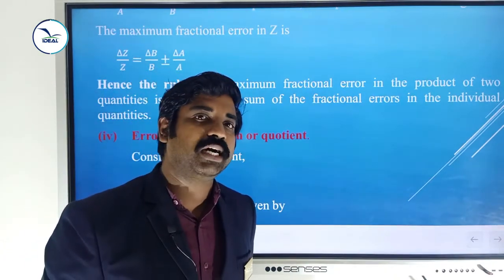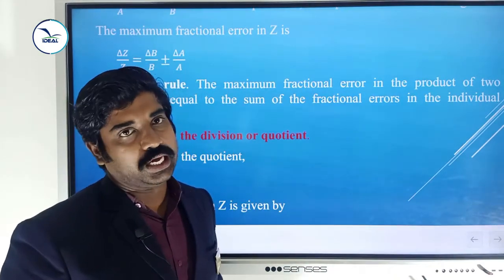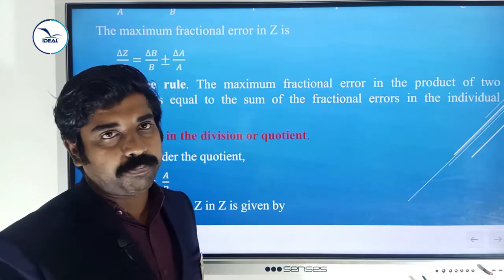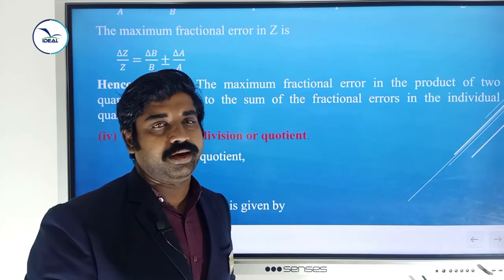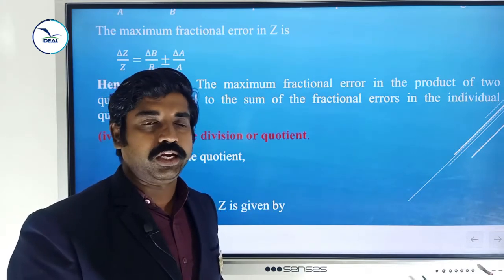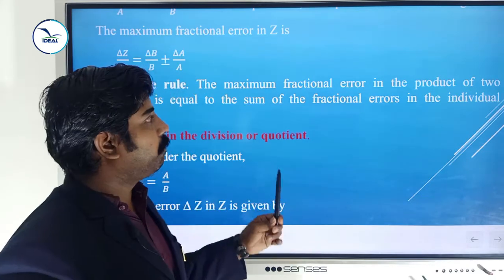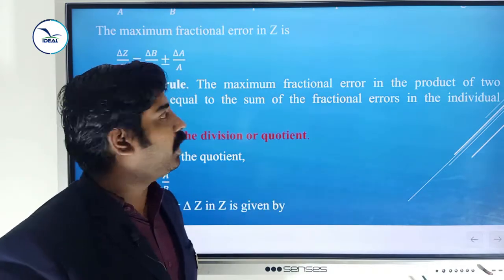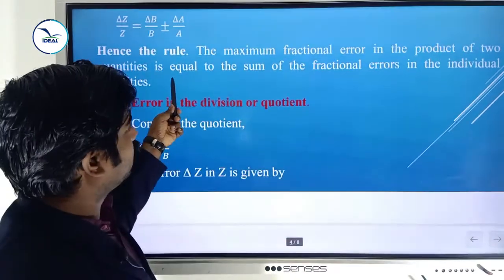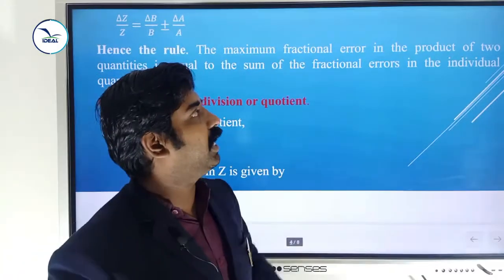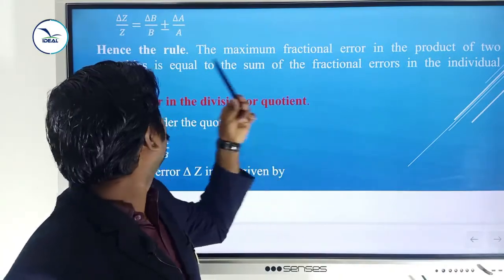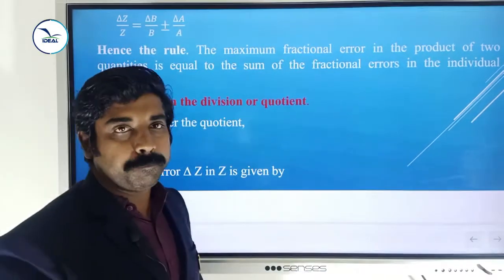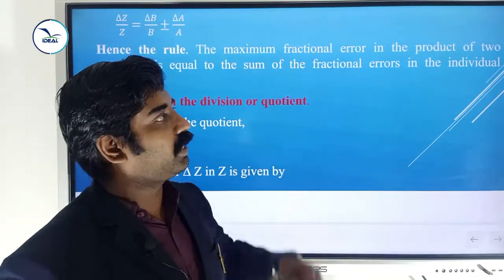That is nothing but the relative errors. So we can say that in the case of multiplication, the total error is the sum of their individual relative errors. So hence we can say the rule: the maximum fractional error in the product of two quantities is equal to the sum of fractional errors in the individual quantities.